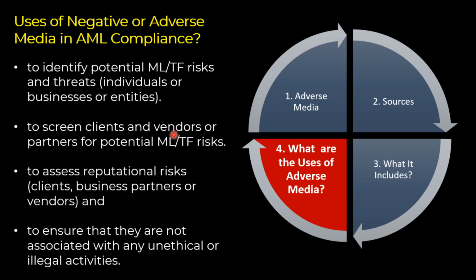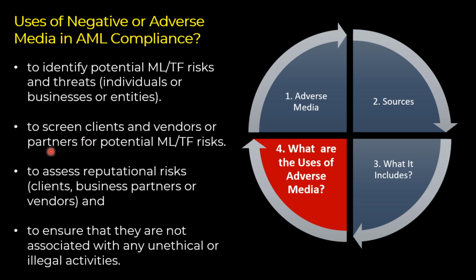Like for example, technology providers, cloud service providers, or you can say the vendors providing any specific software or application to the financial institutions. Then before onboarding and taking services from those vendors, financial institutions must perform the negative or adverse media for those vendors or business partners.